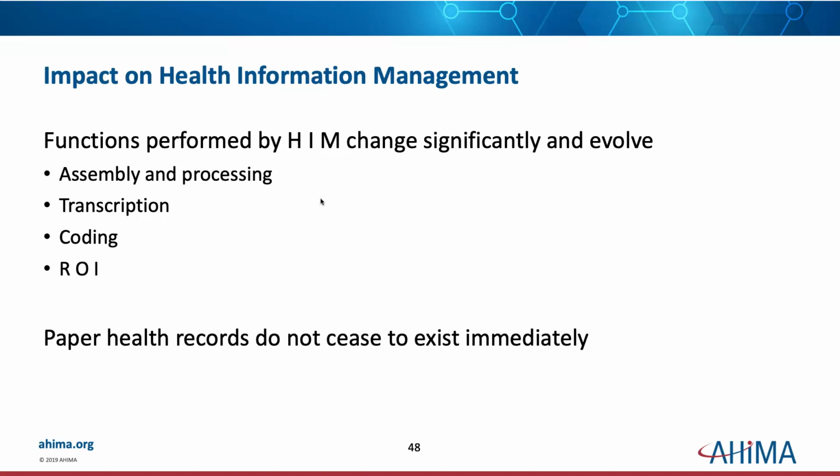Impact on HIM. Oh goodness, every HIM function is impacted by an EHR. Whether you're going from paper to a hybrid to an electronic system, or even just changing up your EHR systems, all of these things are impacted.